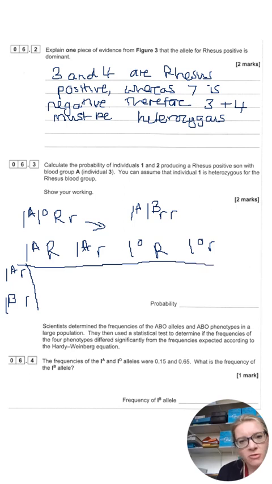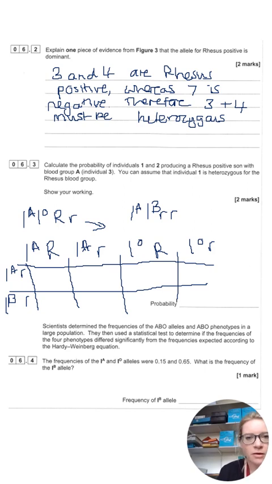So it's a dihybrid cross that we need to calculate. This one is A, little r, A, O, big R, little r, and this is A, O, little r.